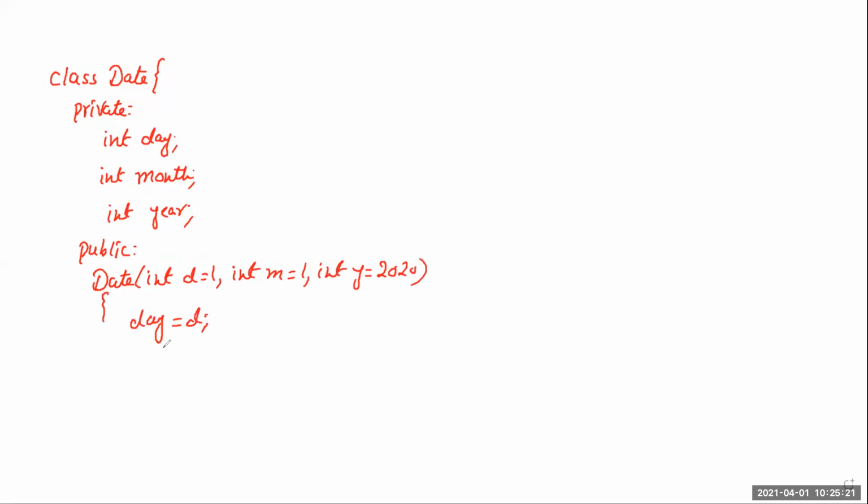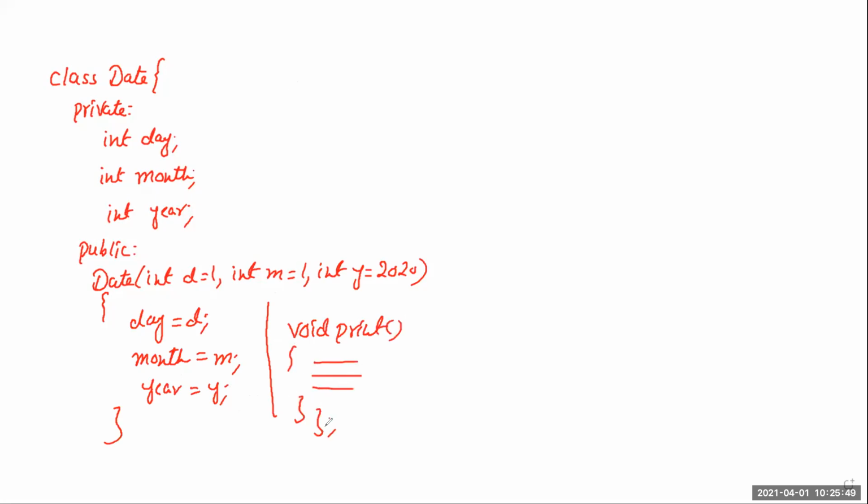So day gets the value D, month gets the value M, and year gets the value Y, right? Similarly, you can have a print function in the class in which you have cout of all three data members. I'm not writing it. You can just assume void print, with three cout statements saying cout day, month, and year. So that's it.